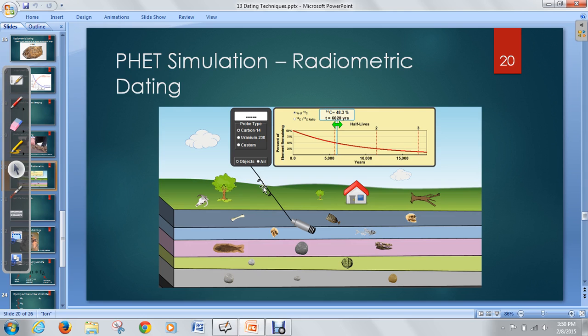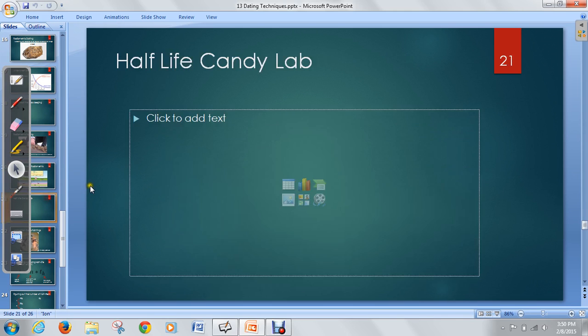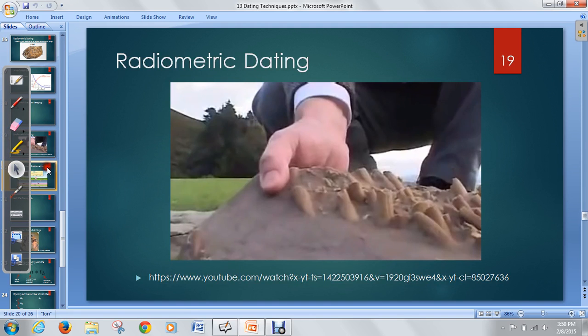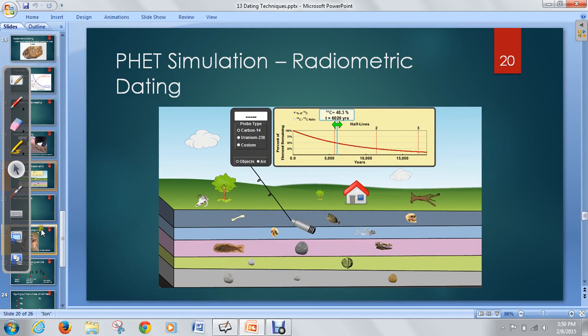We also did a lab in class, which we call the candy lab, where we took some Skittles and pretended they were radioactive, and we saw how the number of radioactive Skittles goes down over time. We did a lot of things in class, and hopefully you can understand how these things work. If you want some more help, definitely go back to these other resources.